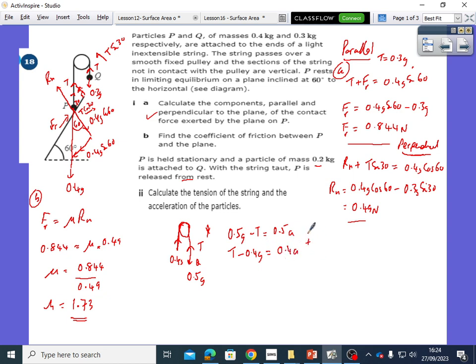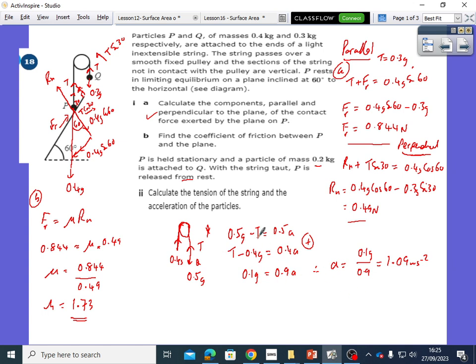If we add those together, as simultaneous equations, the tensions will cancel, and we'll get 0.1 g equal to 0.9 a. Therefore a will equal 0.1 g divided by 0.9. If I do that on my calculator, 0.1 times 9.8 over 0.9, I'll get acceleration to be 1.09 meters per second squared.